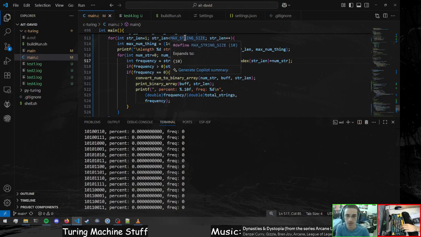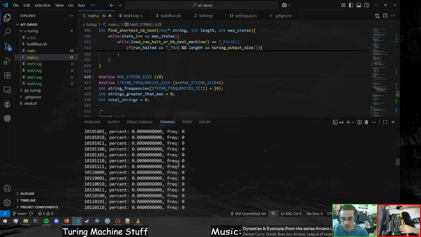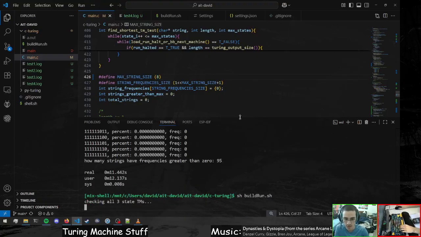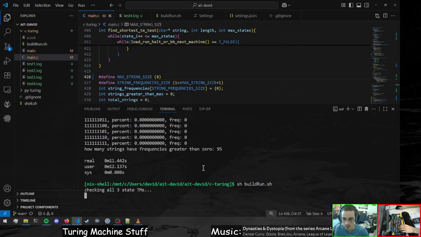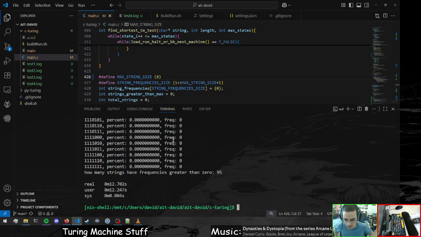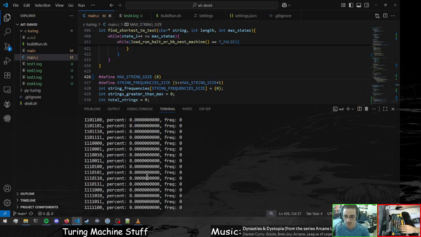So let's change max string size so it doesn't go up too much. Let's put 8 to be the limit, so we don't get too many strings that we know can't be produced, because the 3-state Turing machines apparently don't produce any length 7, or I mean length 8 things.